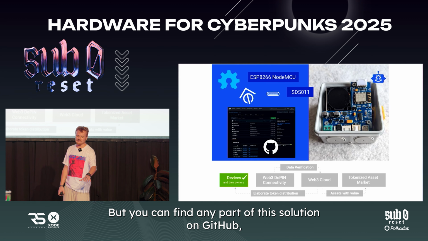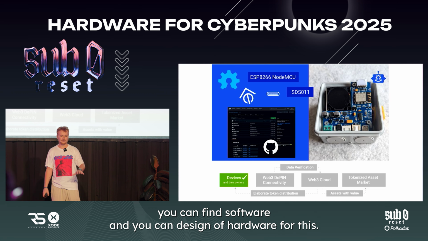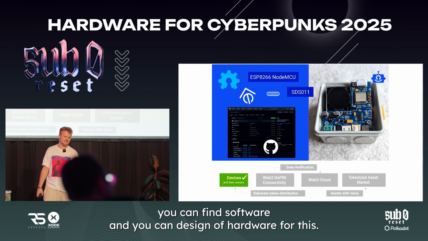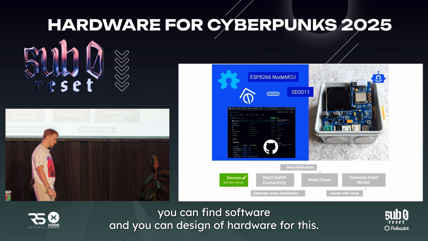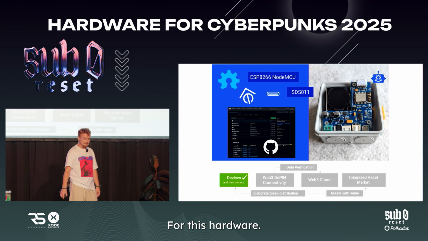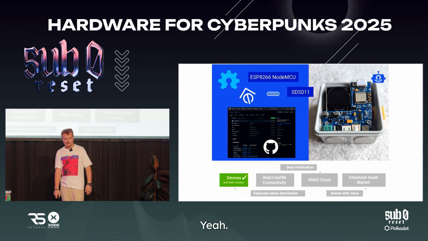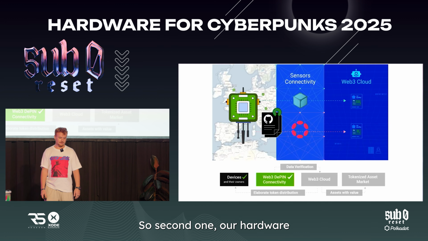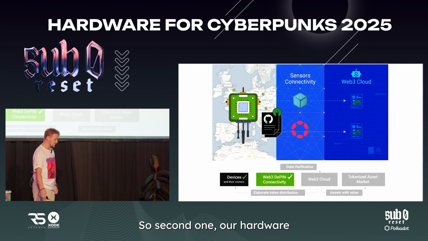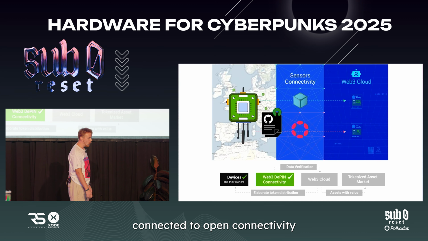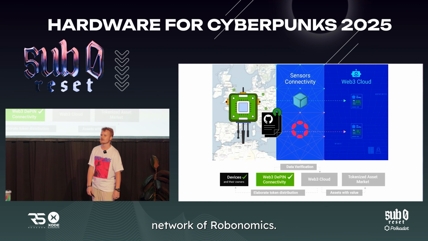But you can find any part of this solution on GitHub. You can find the software, and you can find the design of the hardware. Second, our hardware is connected to the open connectivity network of Robonomics.